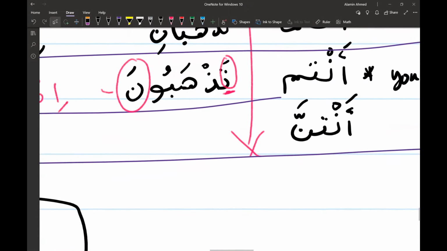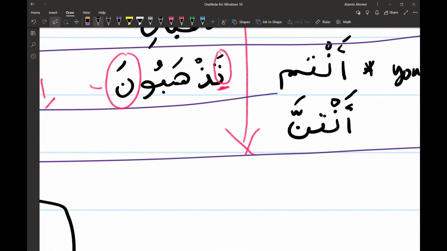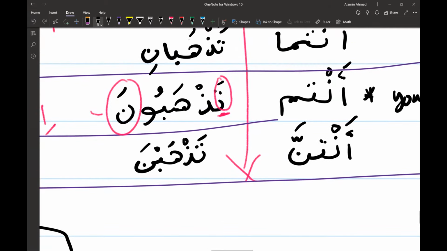Okay, so the last one we have antunna. What is the present tense verb for antunna for dhahaba yadhabu? Tadhabna. So we have tadhabna. Okay, good.